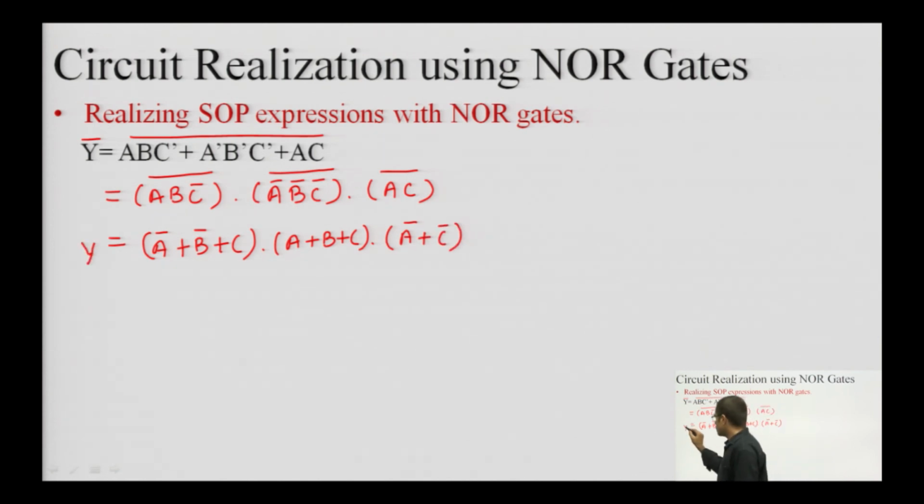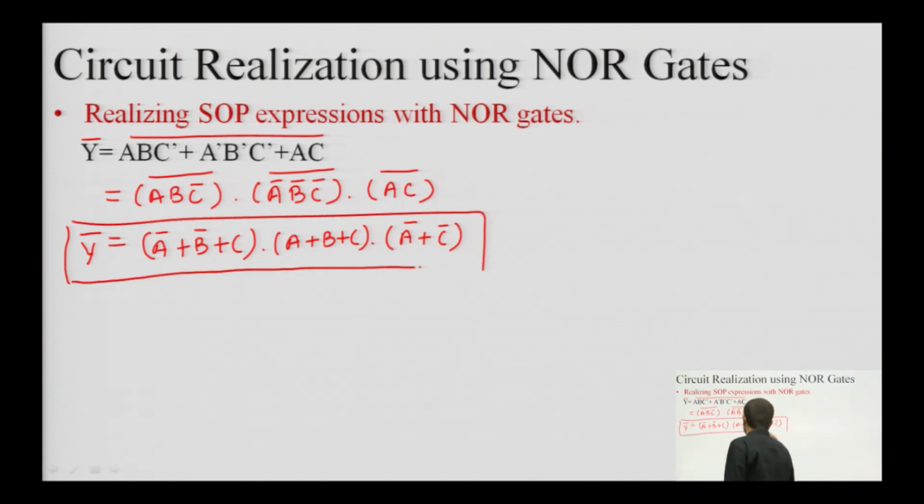This is y bar. So, now I can see that this y bar expression is identical to your POS type expression, and these POS type expressions can be very easily realized using NOR gates by simply replacing AND gate by NOR gate, OR gate by NOR gate.